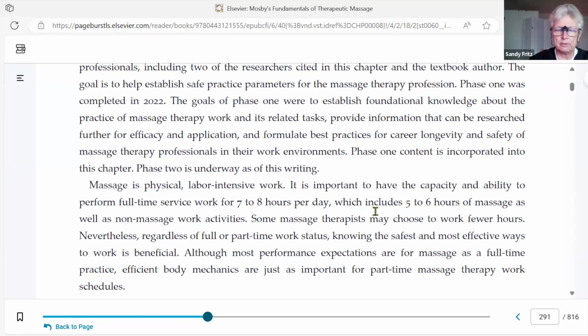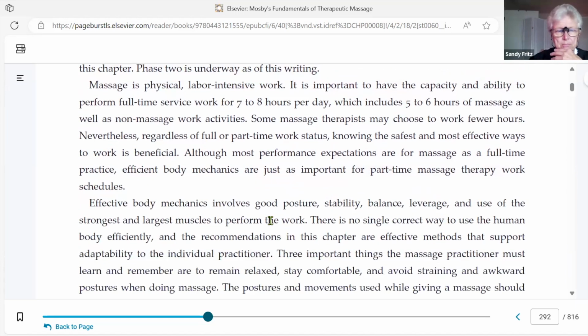The rest of the time has to do with non-massage work activities, such as your charting, your facility management, etc.